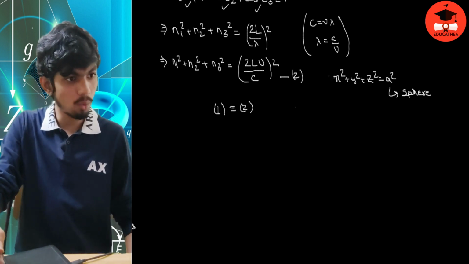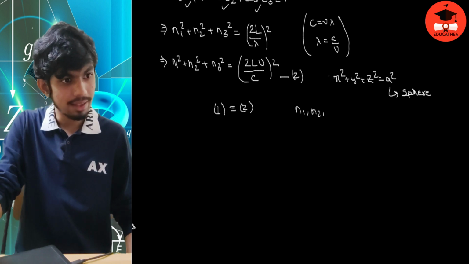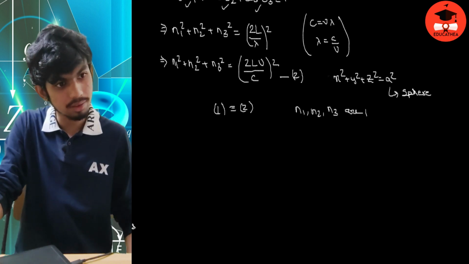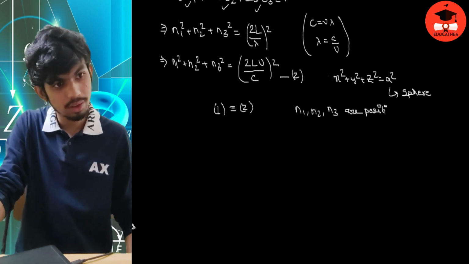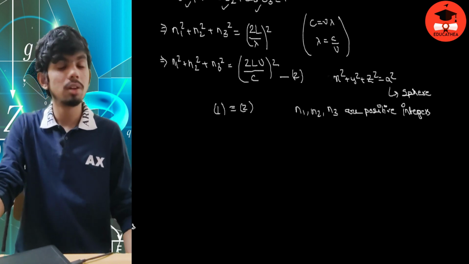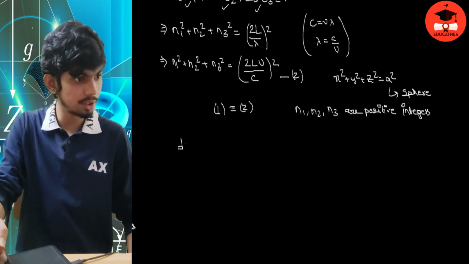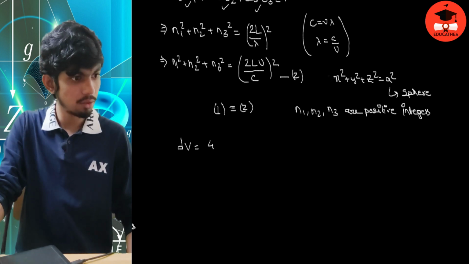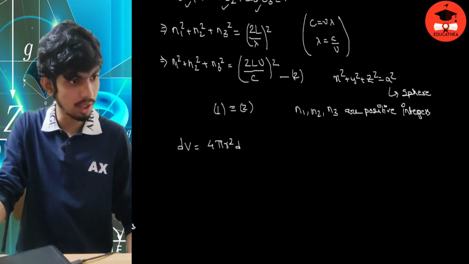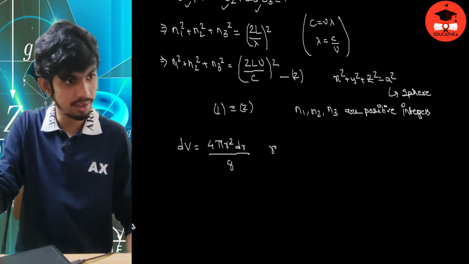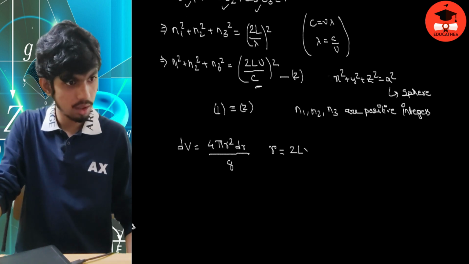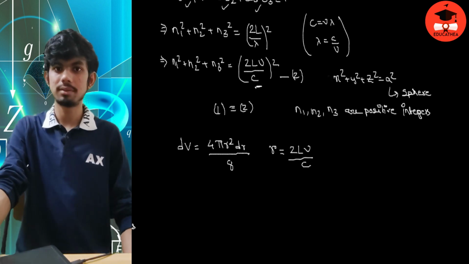And since n1, n2, n3 are positive integers, I've already told you, the sphere will only lie in the first octant. So the volume will basically be 4 pi r square dr divided by 8, where r is the radius, which is this 2L nu by c, right?